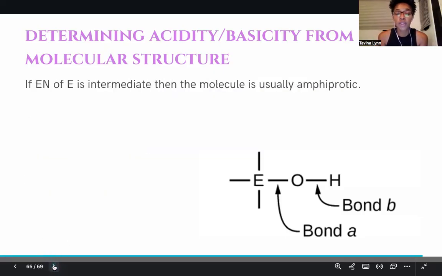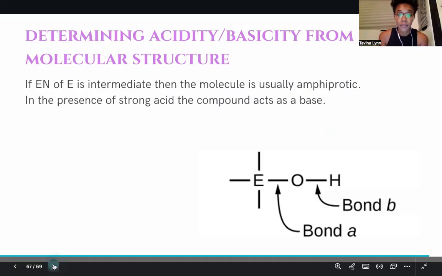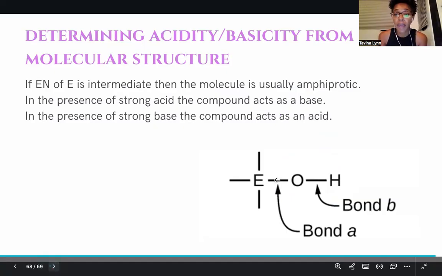Now, what if the electronegativity of element E is intermediate, right? It's not super high or low, it's like in the middle, which is usually the case for metalloids. This is an example of where the molecule is amphiprotic, meaning that in the presence of a strong acid, the compound will release hydroxyl groups, and in the presence of a strong base, it'll release H pluses, right?